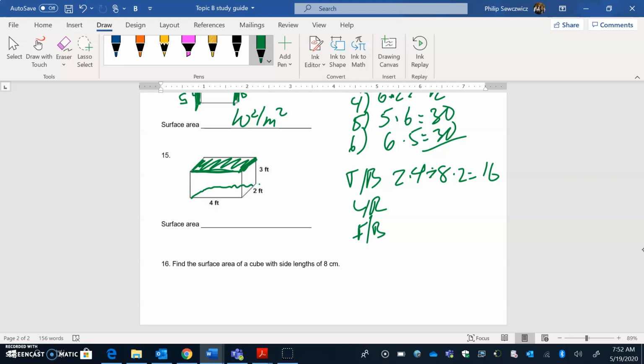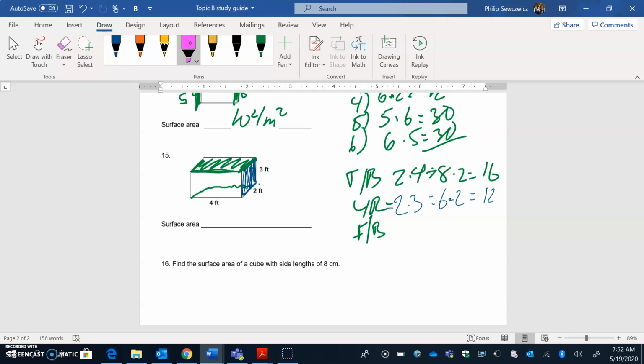Left and right. I'm going to change colors here. All right. So for the left and the right, I can see the right over here. I can see it's a 2 by a 3. So 2 times 3, 6. But wait, there's 2 of them. Times 2 gives me 12. Then the front and the back.